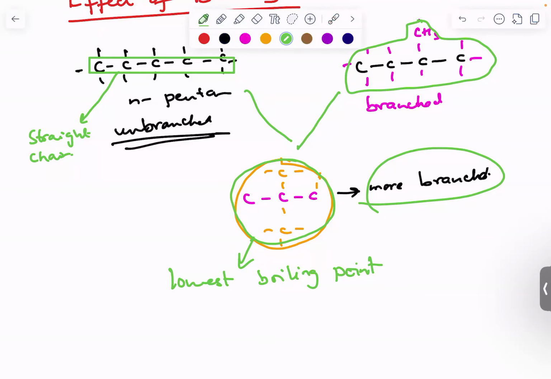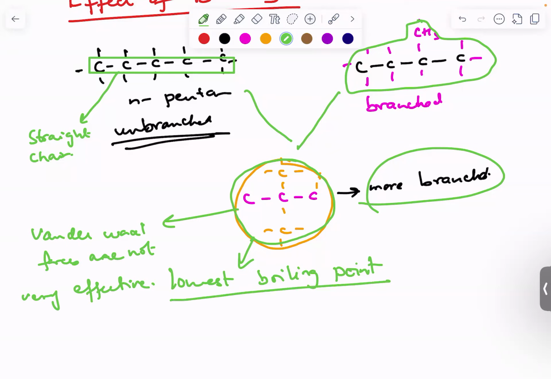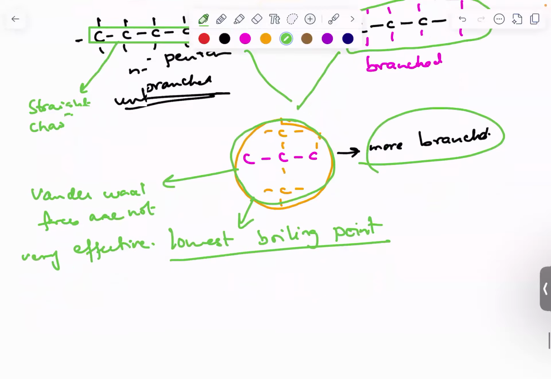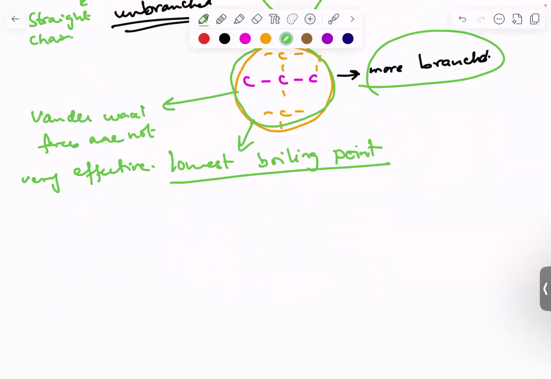So if the van der Waals forces would be less in number, then their boiling point would decrease. So repeating again, alkanes with branch chains have lower boiling point. This is because they cannot pack together as closely as unbranched chains.